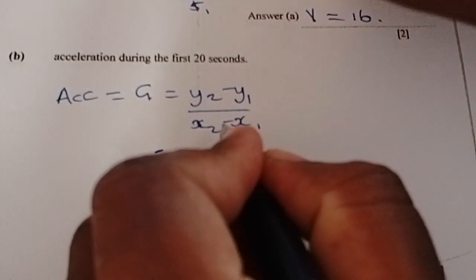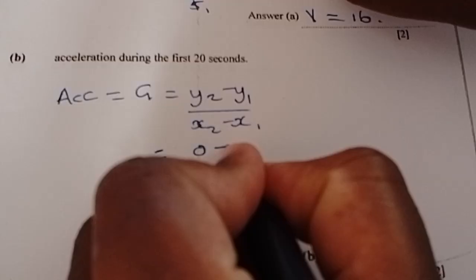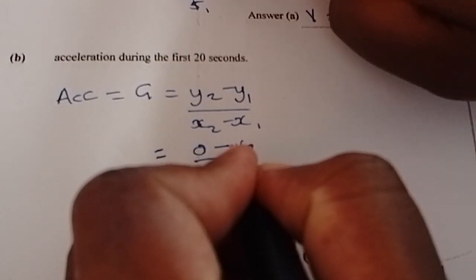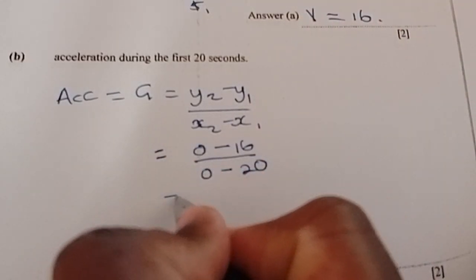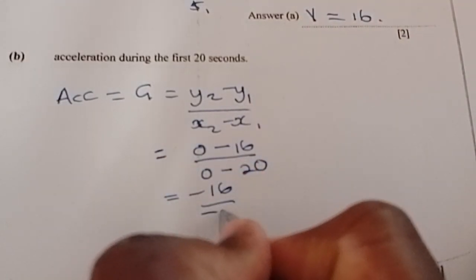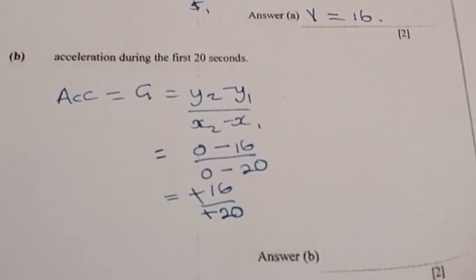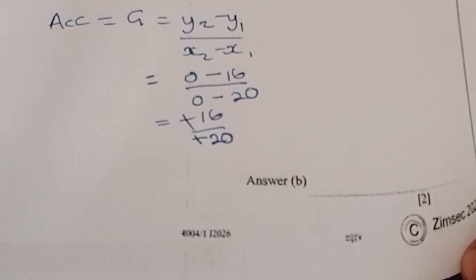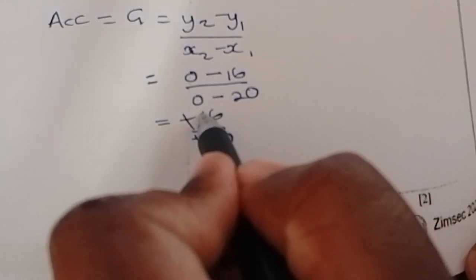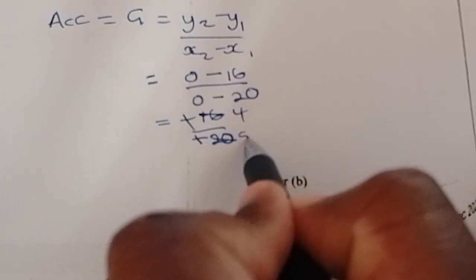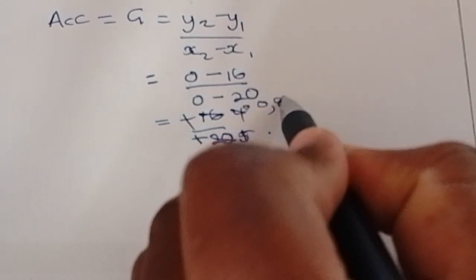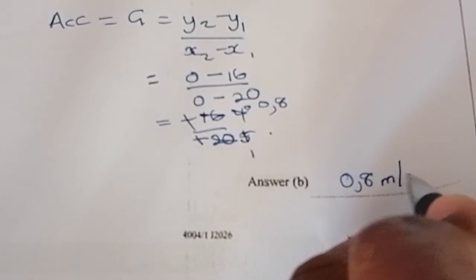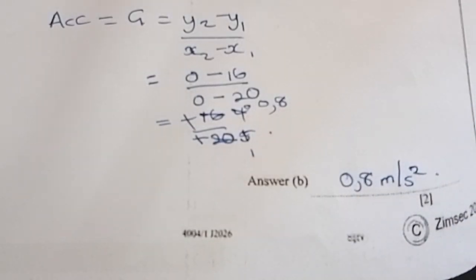So it's y2, 0, minus y1, 16, over x2, 0, minus x1, 20. So we now have negative 16 over negative 20. These negatives cancel each other, we get a positive. So by 4 it's 4, by 4 it's 5, giving 0.8 meters per second squared.